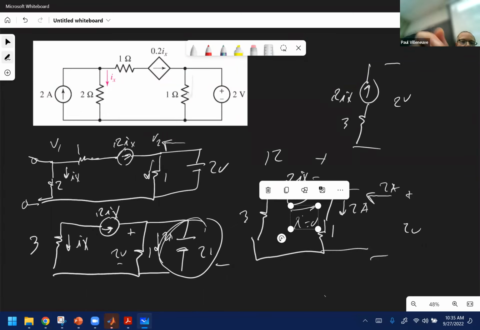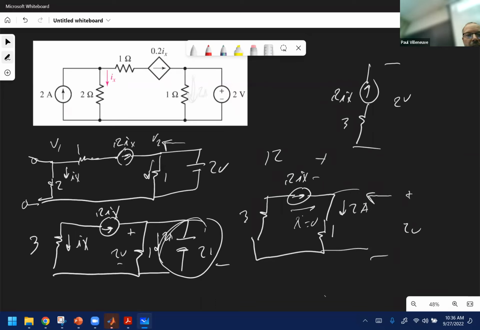I actually don't know that for a fact. I know that this has 2 amps through here. But you're right, that doesn't necessarily mean that this is 2 amps, because the current could be going in the other direction. So the problem is that I don't have a way of calculating what the current is out of that 2 volt source.